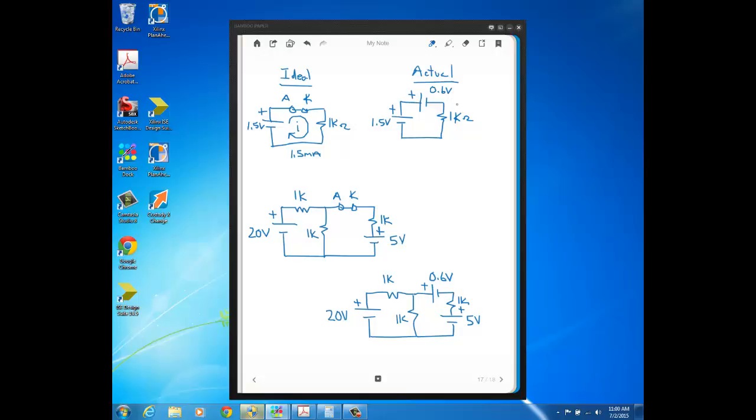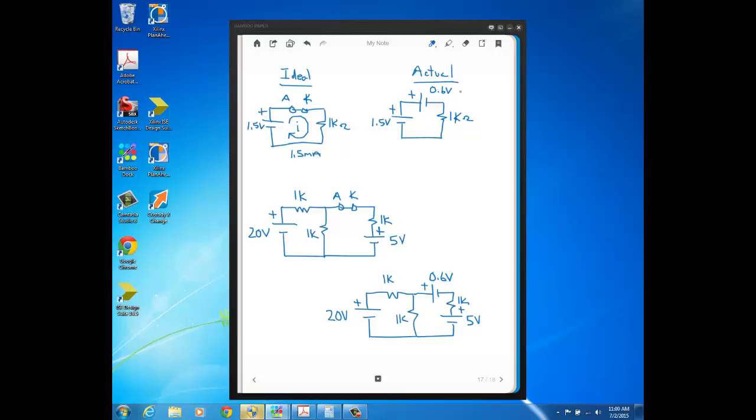Well, the only difference in the analysis when we treat the diode as actual is that once we find that the actual diode's forward bias, and we would still use the ideal diode model with the reverse bias assumption as we did previously, now when we replace the diode symbol for the forward bias actual diode, we replace it with a 0.6 voltage source.